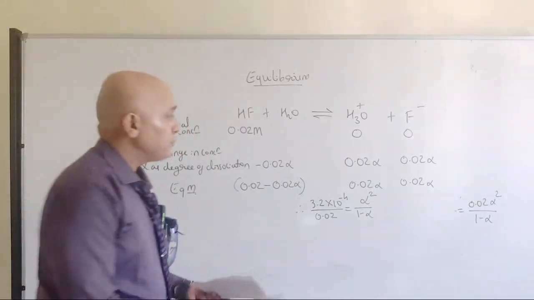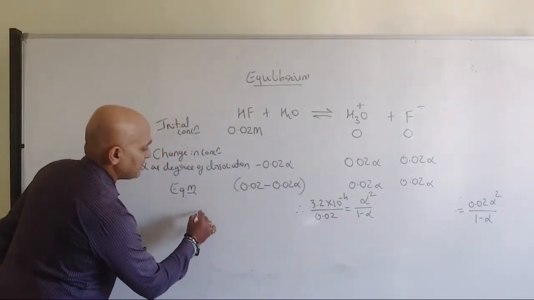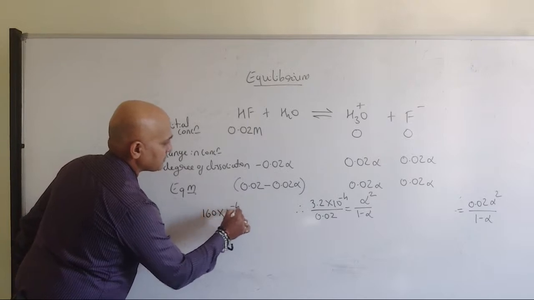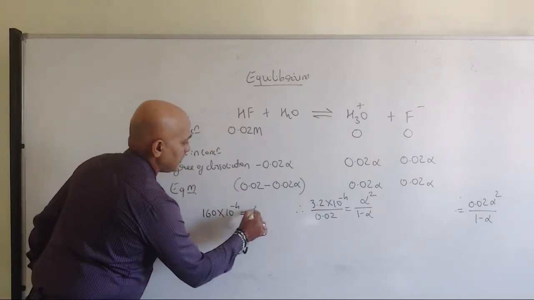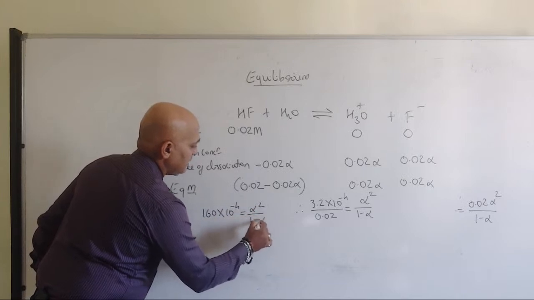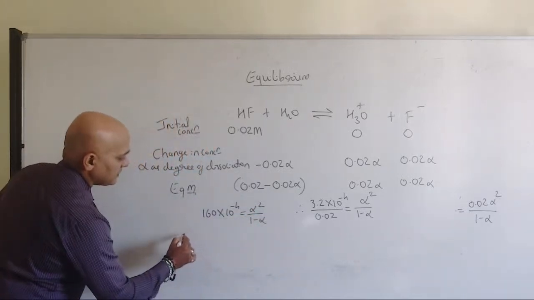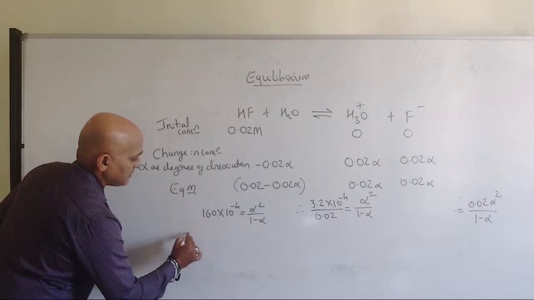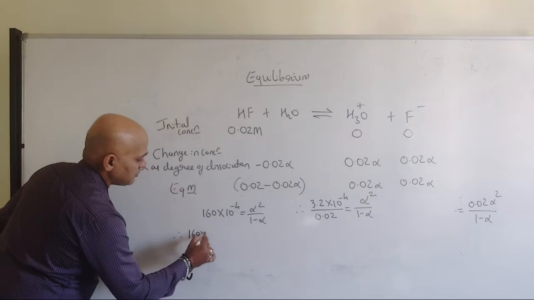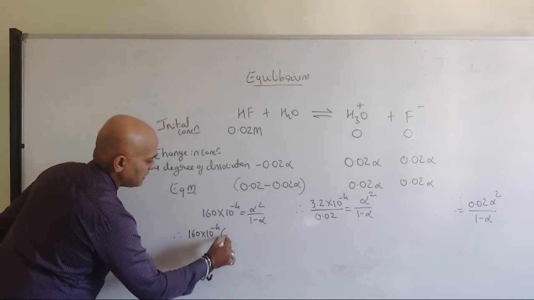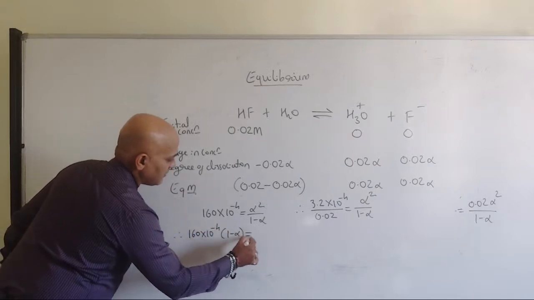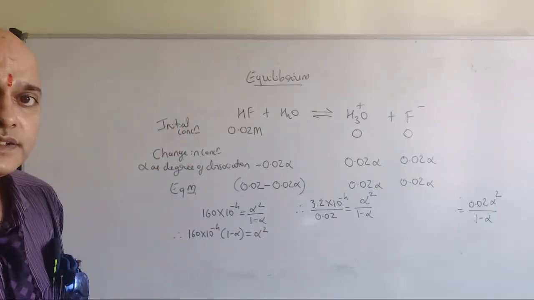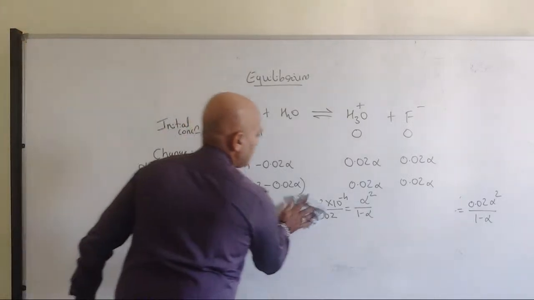Yeah, it will be 160. So we can mention it as 160 into 10 to the power of minus 4 is equal to alpha square divided by 1 minus alpha. I will try to convert it into a quadratic equation. So 160 into 10 to the power of minus 4 into 1 minus alpha is equal to alpha square.